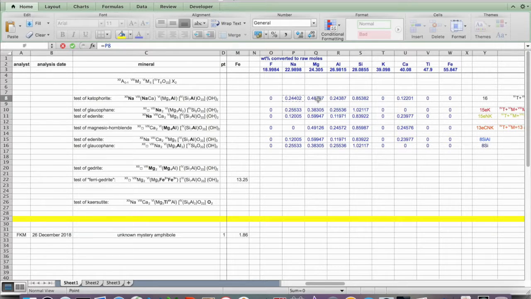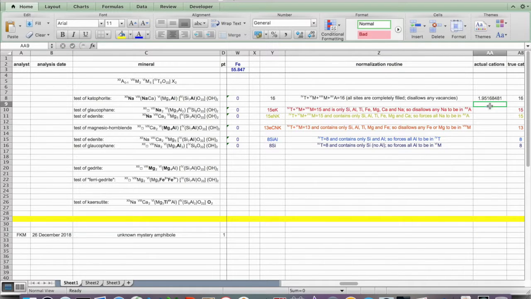And likewise, we would include magnesium, and we would include aluminum, silicon, potassium, calcium, titanium, and iron. Those are all the cations. Okay? So we hit return, and we see that that is actually the value of all of the raw moles of all the cations added together.